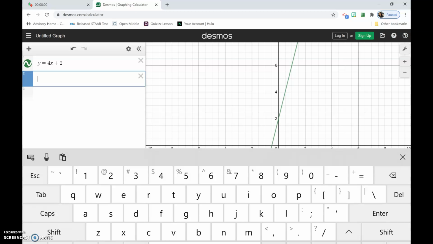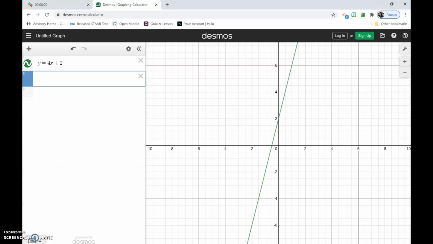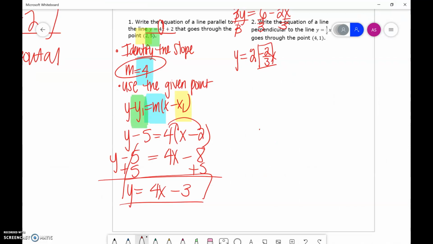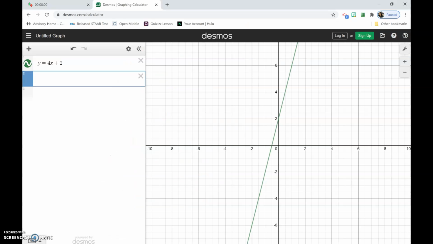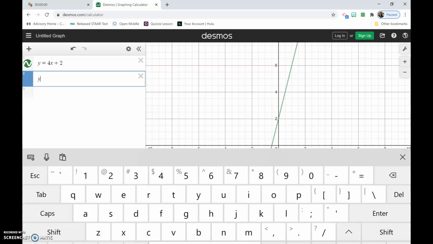And that's my graph. So that's my original equation. Then I'm going to add in a second function of the answer that I got, which was 4x minus 3. So I'm going to type in y equals 4x minus 3.